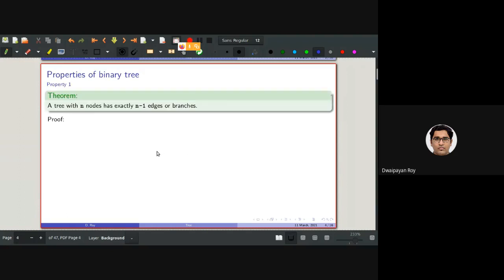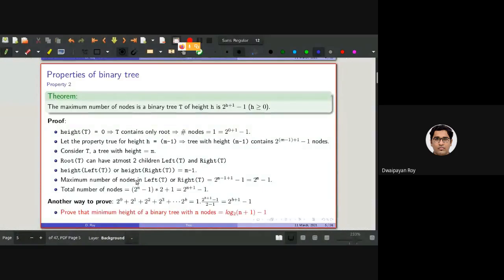All right, so we have also discussed 2 properties. The first property was the tree with n nodes will be having exactly n minus 1 edges. We have proved that. Another property or theorem we proved is the maximum number of nodes in a binary tree T of height h will be 2 to the power h plus 1, minus 1.